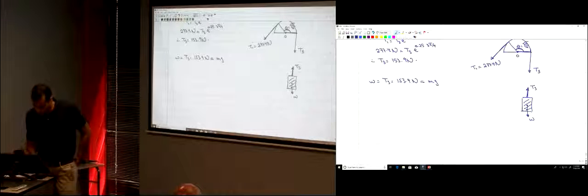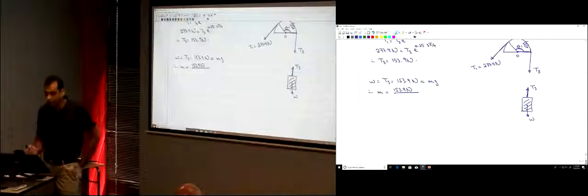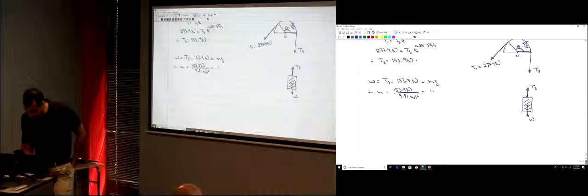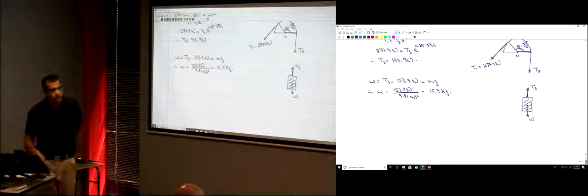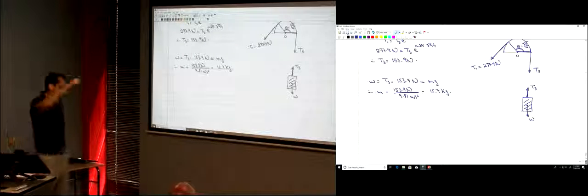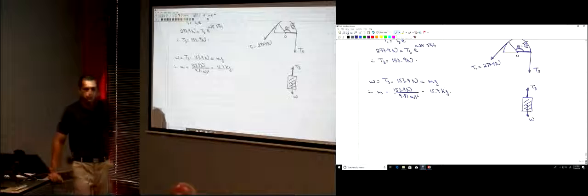So the mass is 153.9 newtons divided by g, which is 9.81 meters per second squared. That means the mass is 15.7 kilograms. Okay? That's the required mass to prevent the motion. If the mass is less than this, then the cable is just going to move.